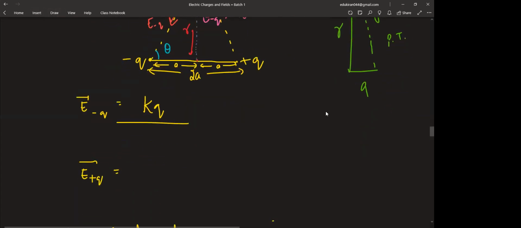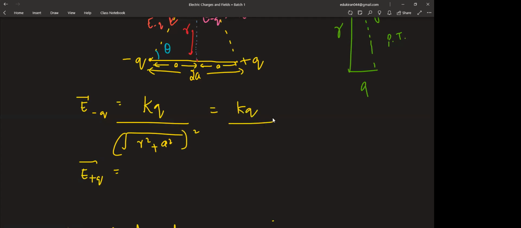So this becomes KQ divided by under root R square plus A square whole square. So this becomes KQ by R square plus A square. And it will be directed towards the charge, means towards minus Q, because it is a negative charge.